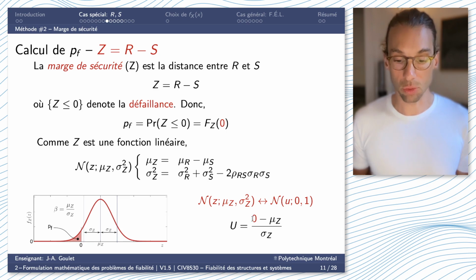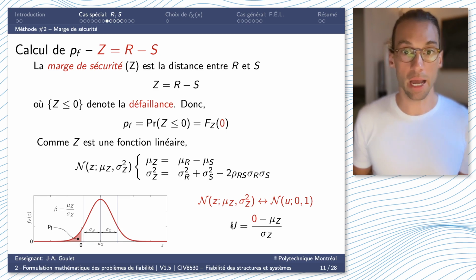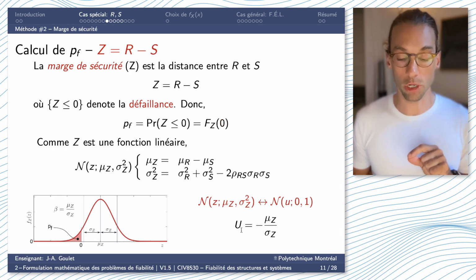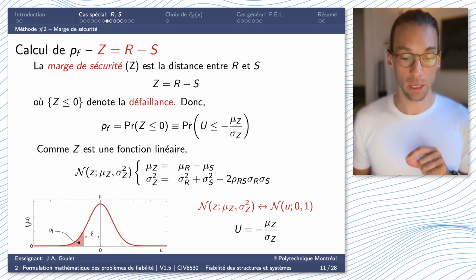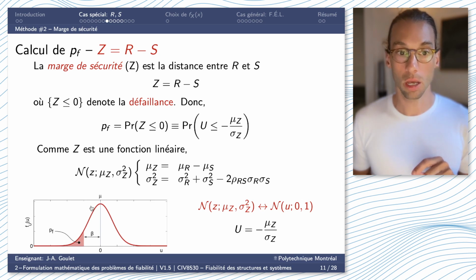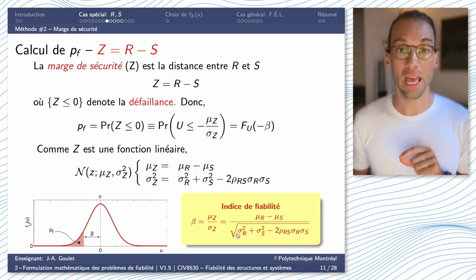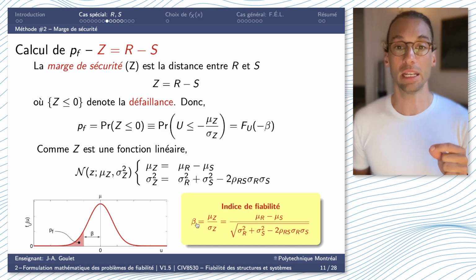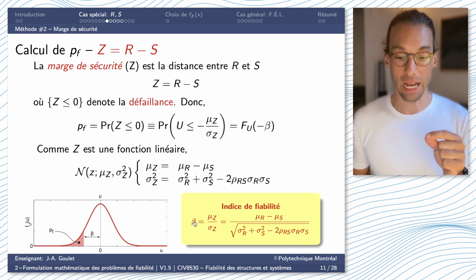Z equals 0 corresponds in my U space, which is standard normal, to minus mu Z over sigma Z. So if we look at the PDF for my standard normal space, with mean 0 and standard deviation 1, my failure domain is defined at a quantity that is minus mu Z divided by sigma Z away from my origin. And this is what defines my reliability index beta.